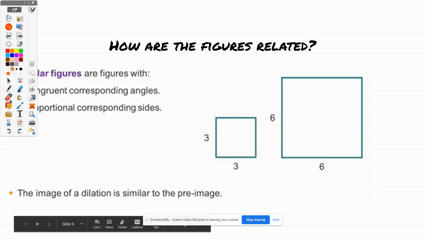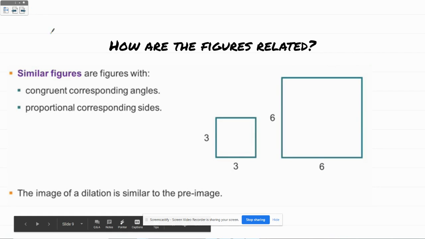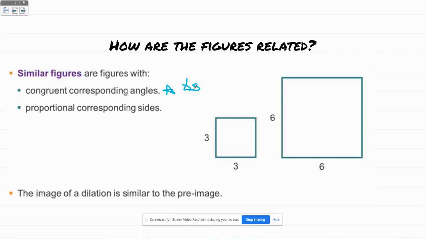So this idea of similar figures is very important. The angles of similar figures are still congruent. The angles have to match up, but the sides are not. They are proportional corresponding sides. What that means is if I put the image over the pre-image, I'm going to get the same fraction.